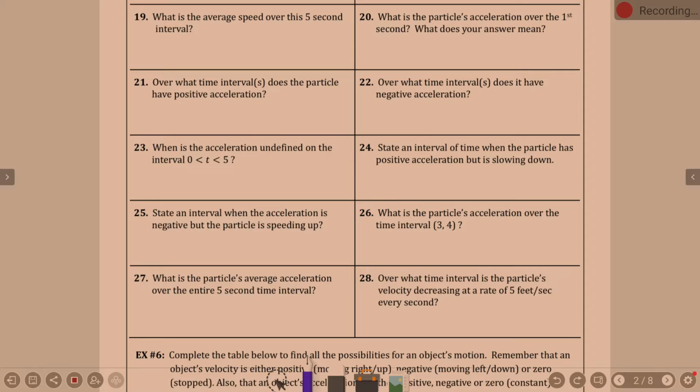Yeah, if you go back, that was question 15 that had total distance, yes? And then over this 5-second interval, so what is our time? And that's going to be 5. So we're looking here at 22.5 divided by 5, which is 4.5. And that was for average speed.